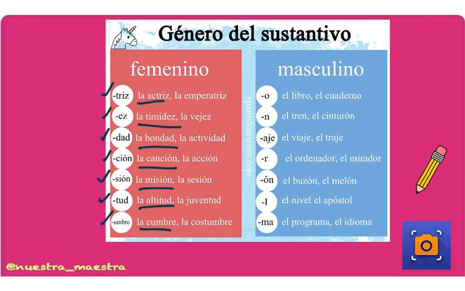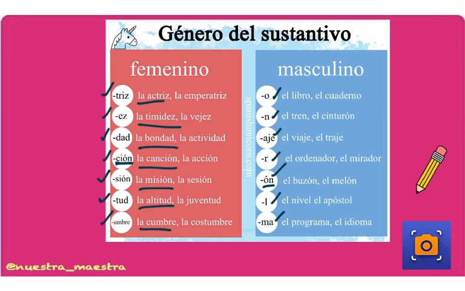Masculine nouns will end, as we know, in o, n, aje, r, on, ele, and ma. Be careful because sión, you would think, well, it ends in on, but it is sión. There's a ci or an si before that. This is referring to just words that end in on. Take a screenshot of this page as well to help you out.